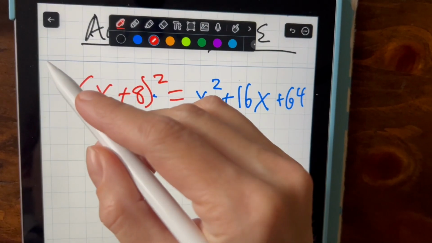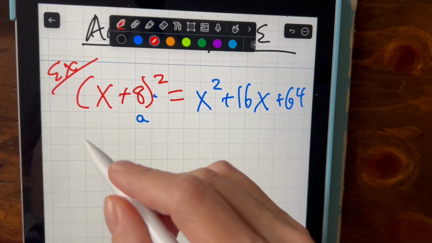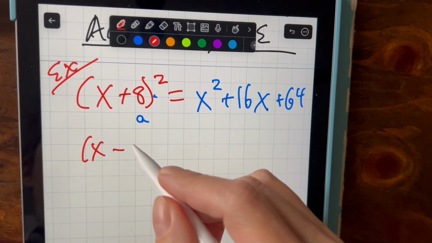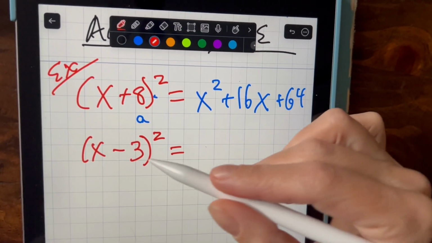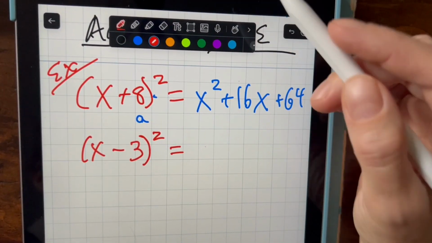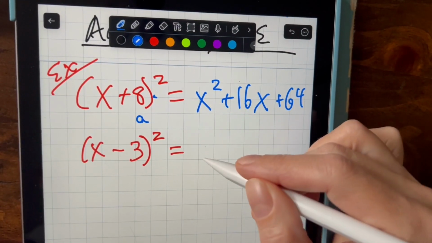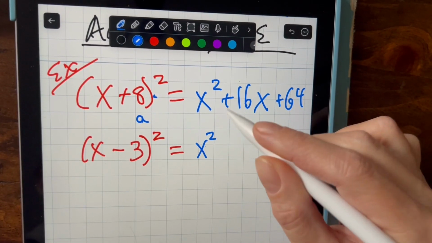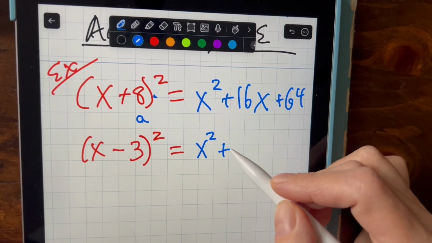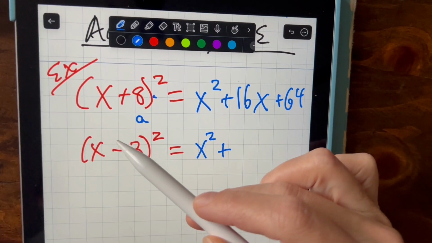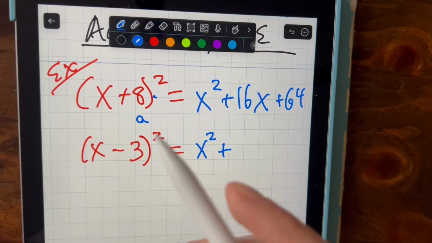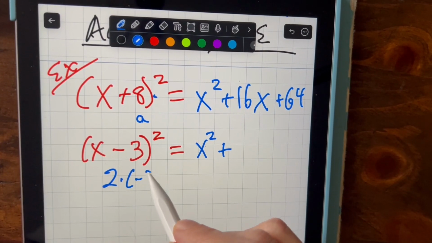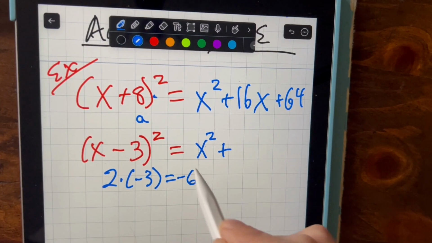Let's try another example. X minus 3 squared. Well, we have a minus. Ooh, minus doesn't have to be scary. Same form, x squared. And then you would say plus, but what is the plus? Well, it's 2 times negative 3, which equals negative 6.